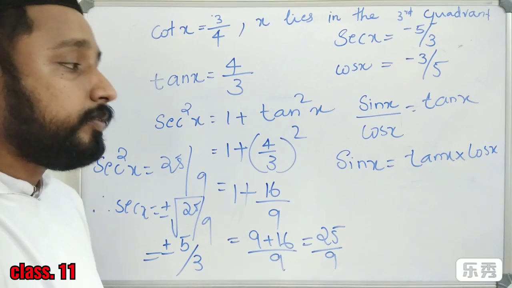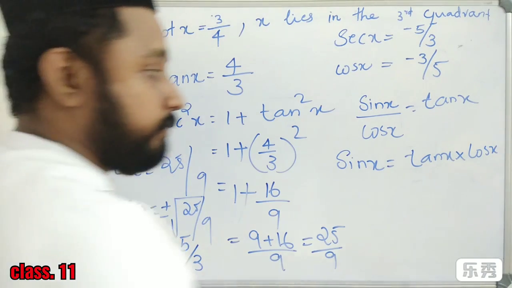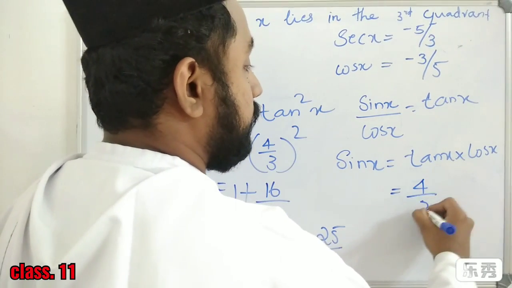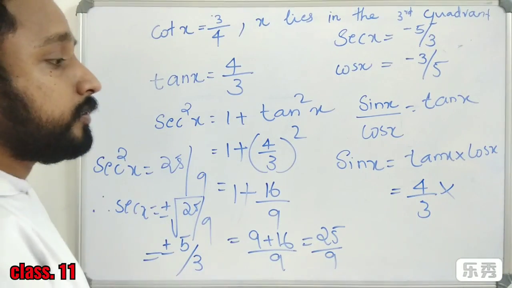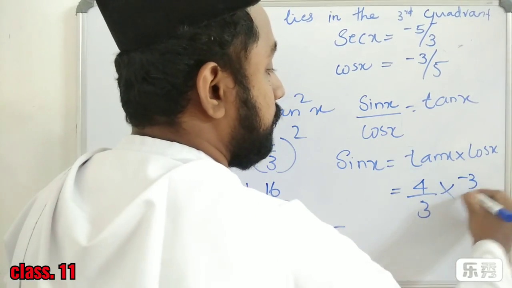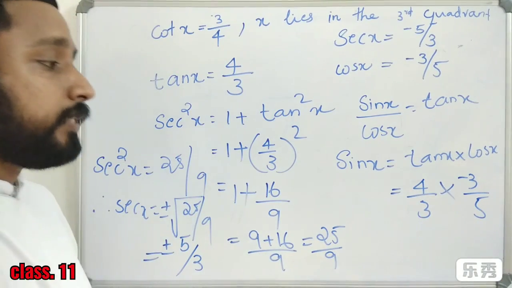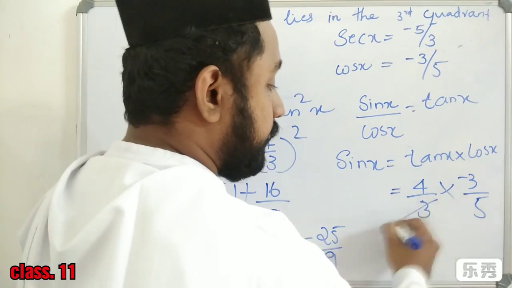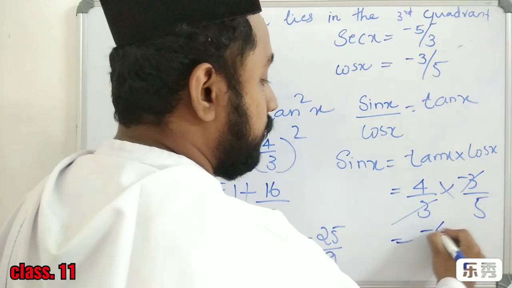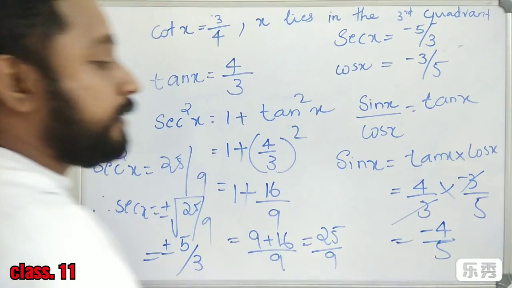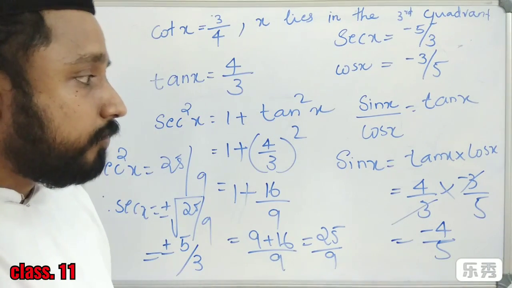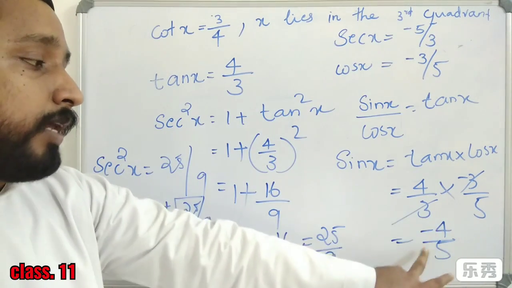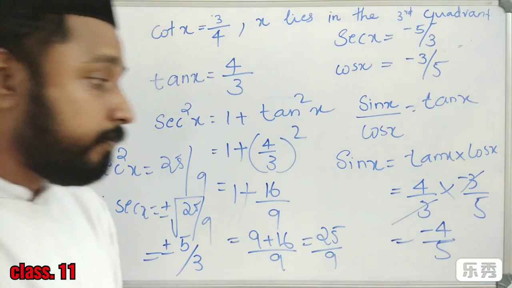Sin x is equal to tan x into cos x, which is 4 by 3 into minus 3 by 5. The 3 cancels, so sin x is equal to minus 4 by 5. In the third quadrant sin is also negative, so sin x is equal to minus 4 by 5.